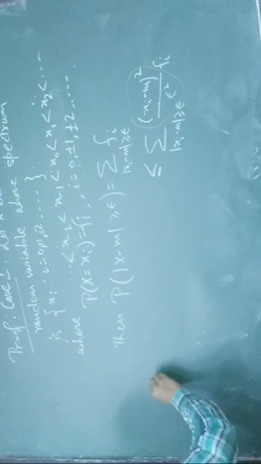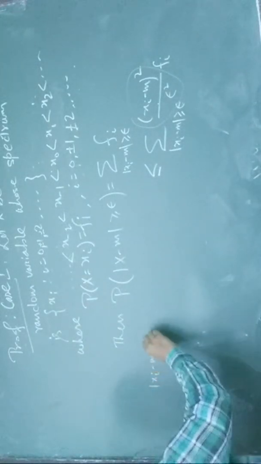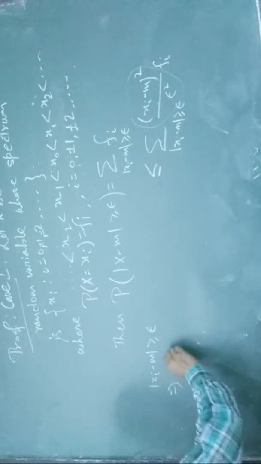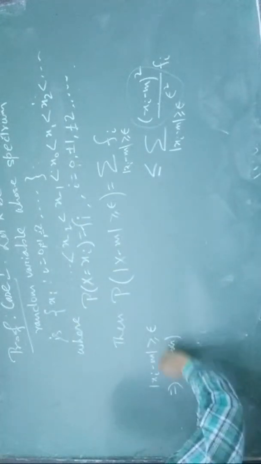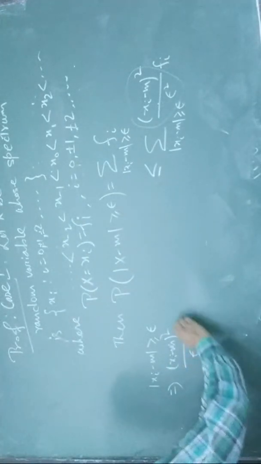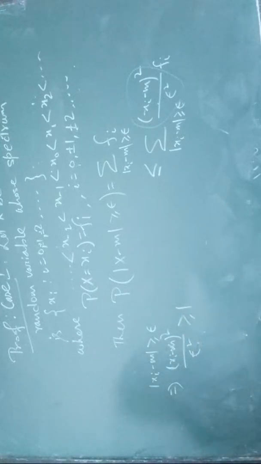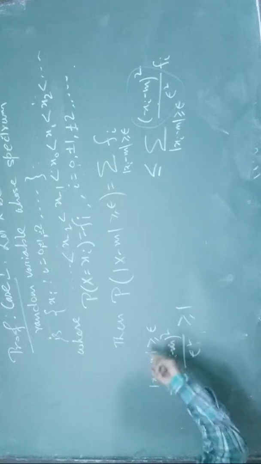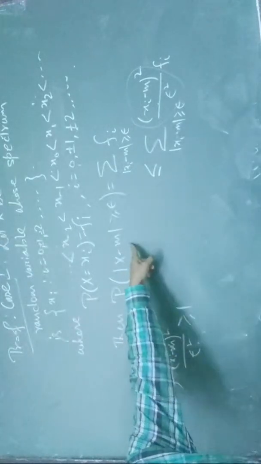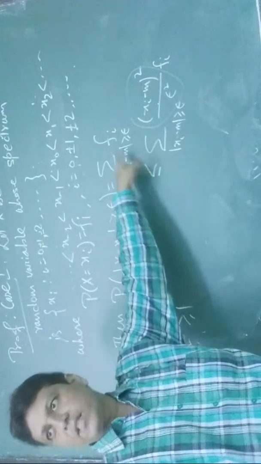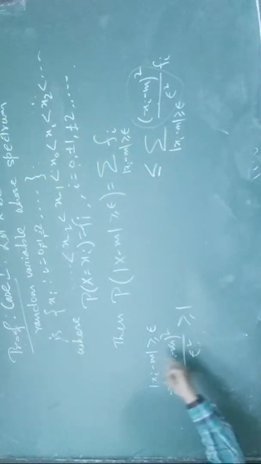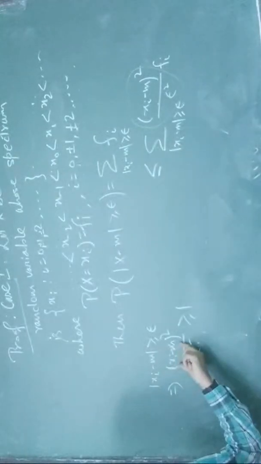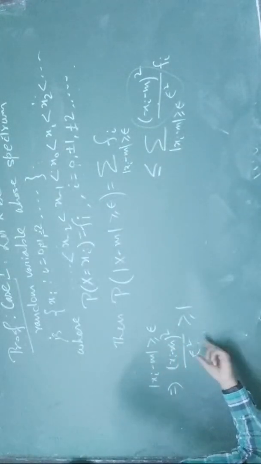Why? Because mod xi minus m greater than or equal to epsilon implies xi minus m whole square greater than or equal to epsilon square, which means xi minus m whole square by epsilon square is greater than or equal to 1.